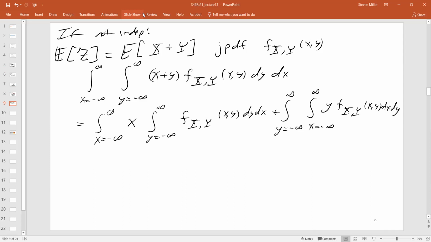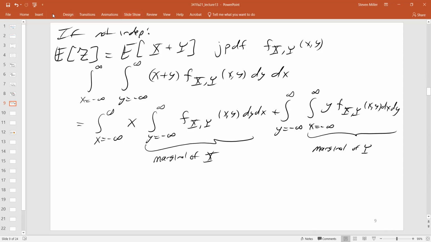And so now when I do this, I'm holding little x fixed, and I integrate y from minus infinity to infinity. That's just the marginal of x. And over here, it's just the marginal of y.